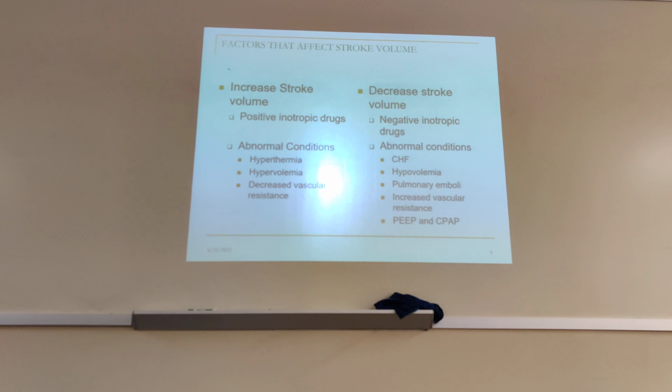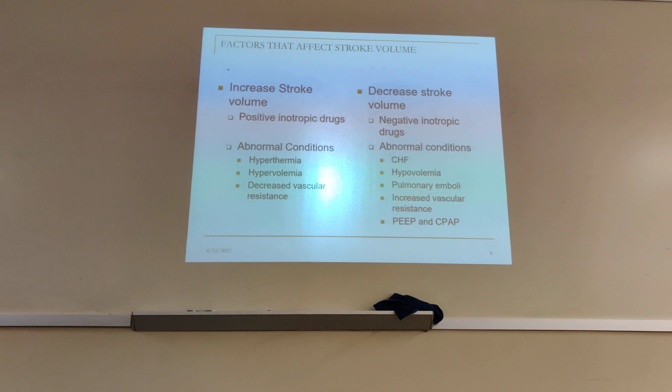But the indications and contraindications for PEEP and CPAP and EPAP are the same. So what they will do is compress the pulmonary vasculature. The more PEEP you add, the more you compress the great veins and the pulmonary vasculature. So that decreases blood flow.